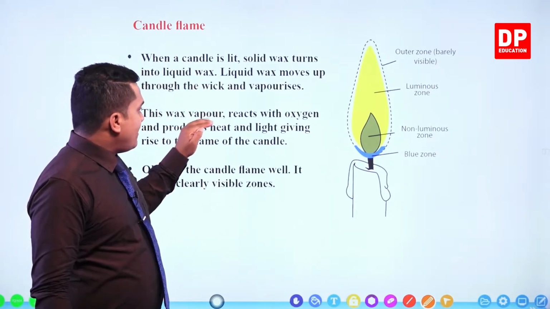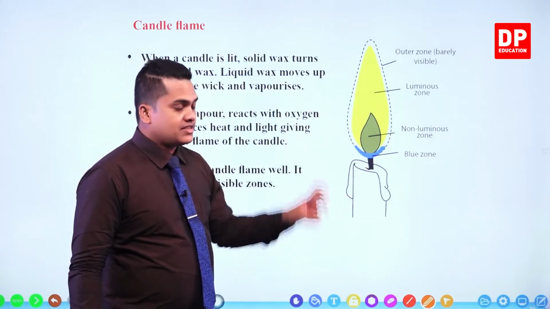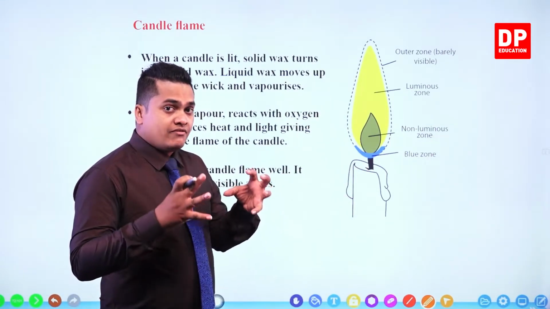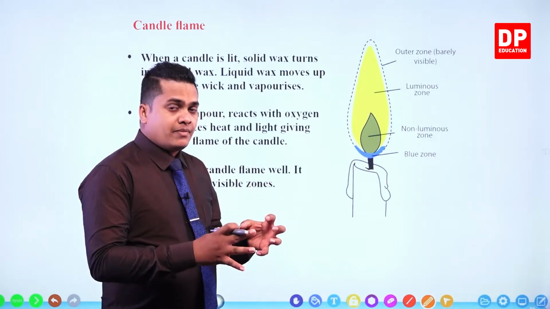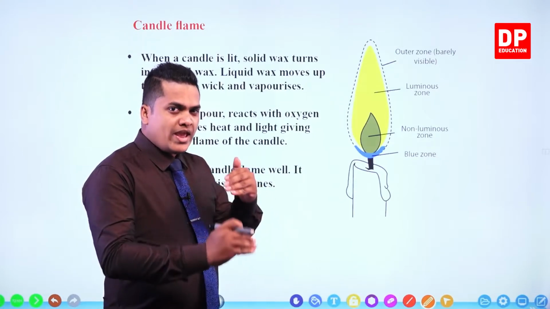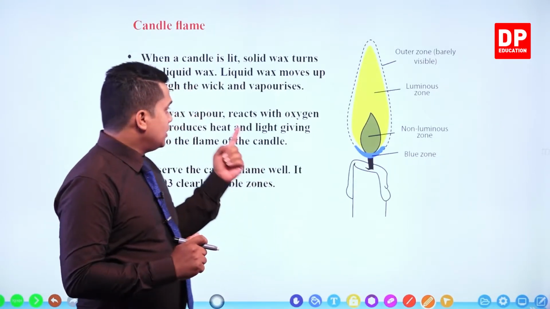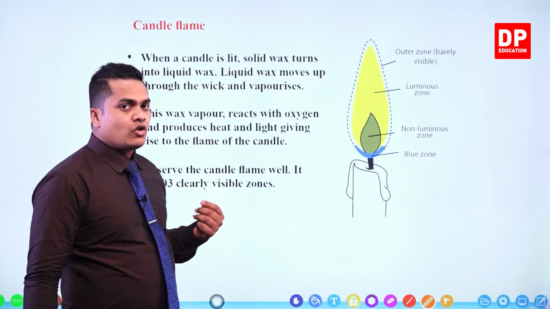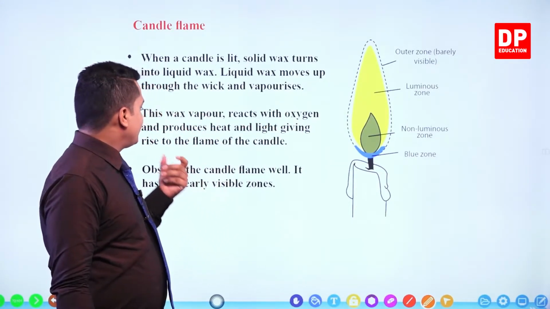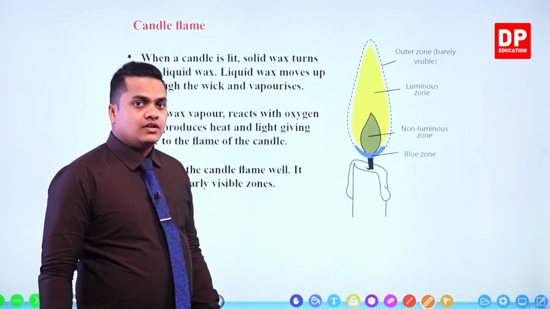This solid wax comes out through the wick and vaporizes. That vaporized wax is going to react with oxygen gas, and produce heat and light, giving rise to the flame of the candle.